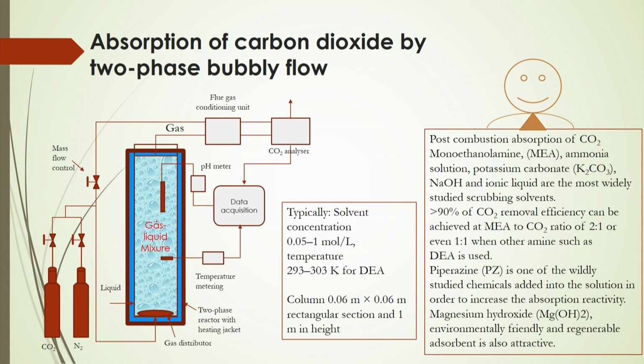Now, this overall mass transfer coefficient is based on the concentration in the bulk of the carbon dioxide bubble and the concentration in the bulk of the solvent. So, there will be a concentration difference between the bulk of the carbon dioxide gas and the bulk of the liquid. So, that is the overall mass transfer coefficient.